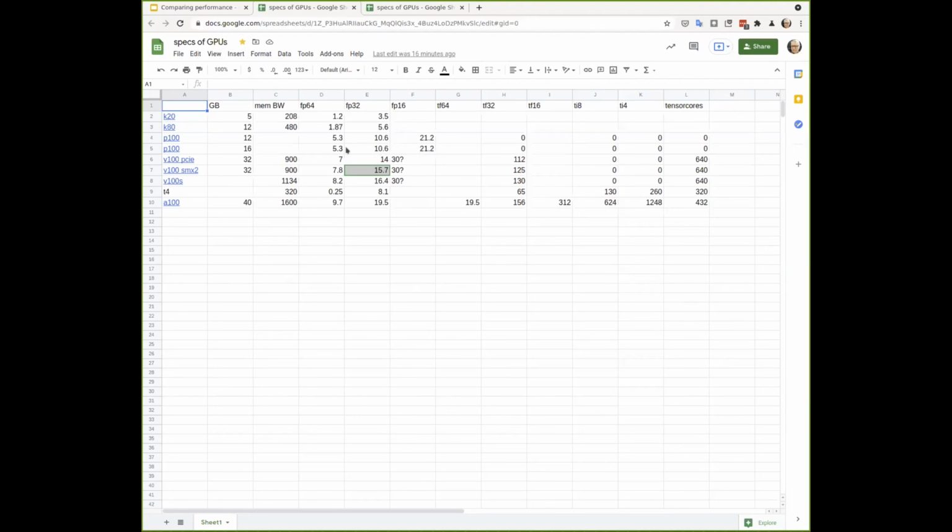They have pretty respectable FP64, that is 64-bit floating point, noticeably lower than V100, but still in the same range, so 5.3 versus 7.7 or 8. And a similar ratio for 32-bit.